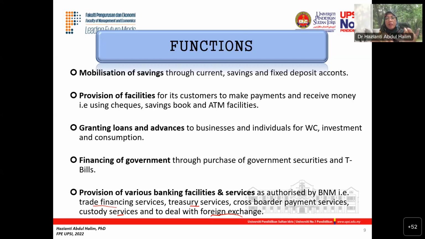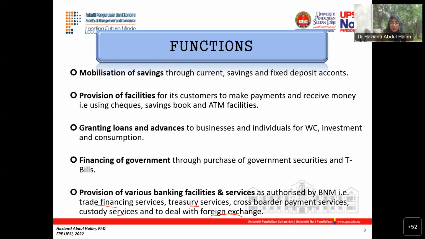There are savings for ladies, savings for retirement, many kinds. So different sorts of functions or facilities are provided by our commercial banks. And they also grant loans and advances, including personal loans, car loans, business loans, agricultural loans, all of that. And then also financing of government through purchase of government securities and T-bills.